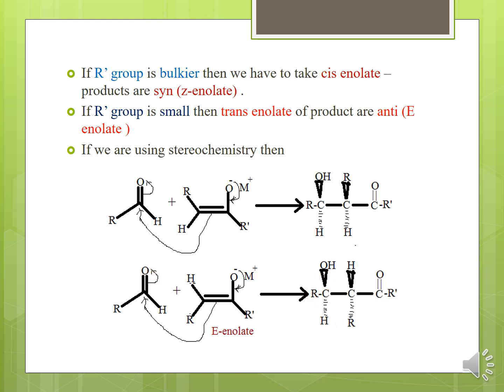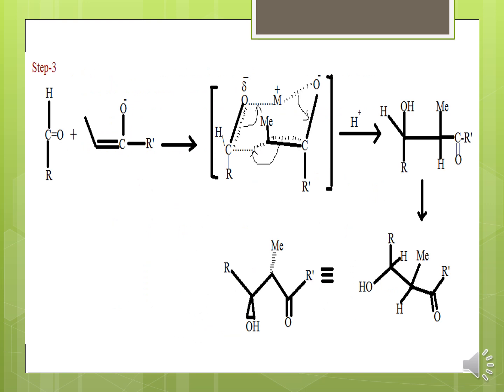Okay, moving on to the next slide. Here there is a step 3. In step 3, again you are taking one enolate and treating it with an aldehyde. First, there is a generation of one transition state. After the generation of the transition state, this bond shifts here, and then this bond will shift, and then this bond will shift over here with the generation of your OH.